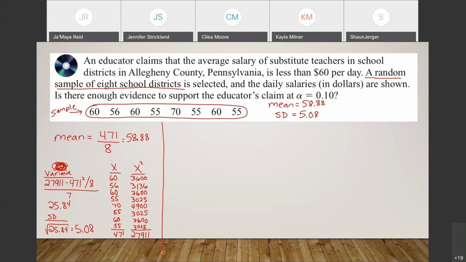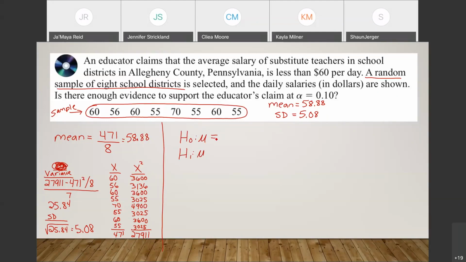Okay, so real quick, let's just get started on the problem. Like I said, we won't finish. We only have a couple of minutes. So when I go to write my hypotheses, do you see a keyword? Less than.